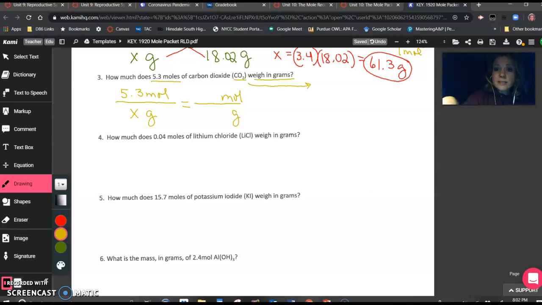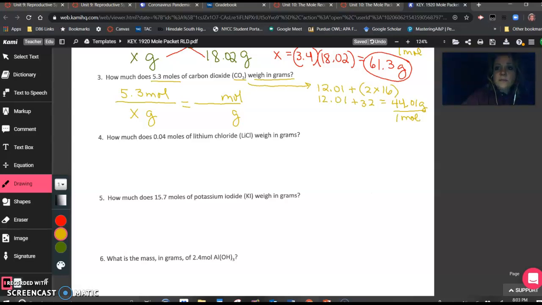Well, carbon dioxide has 1 carbon, so I have 12.01, and I need to add that to 2 oxygens, which is 2 times 16. That means I have to add 12.01 plus 32, and when I do that, I get 44.01 grams per mole.